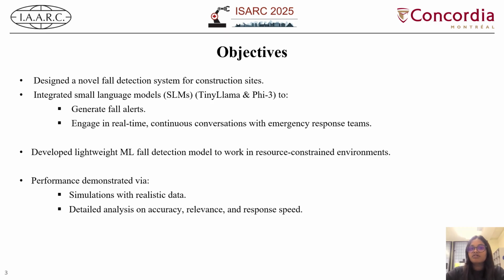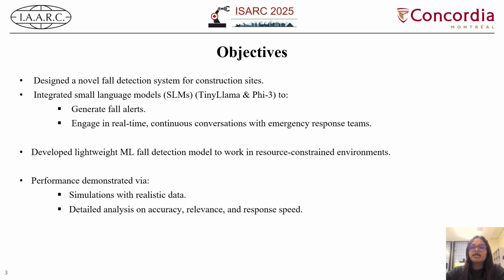Our objective was to address this gap by developing a novel fall detection system, especially for construction sites. We designed the system to integrate small language models like TinyLlama and Phi-3 that can generate an immediate fall alert and, more importantly, engage in real-time continuous conversations with the emergency team.